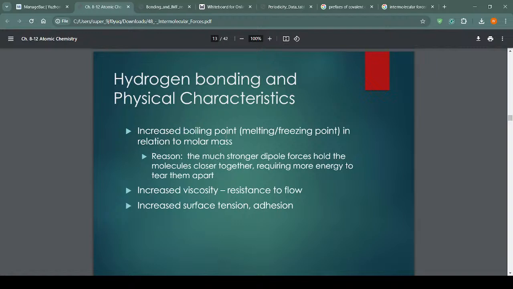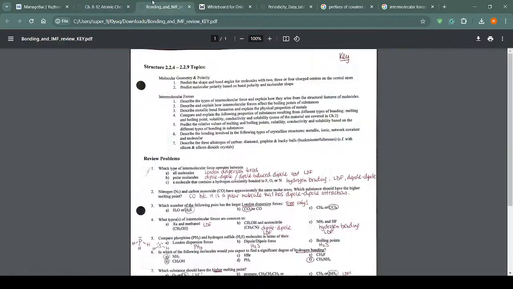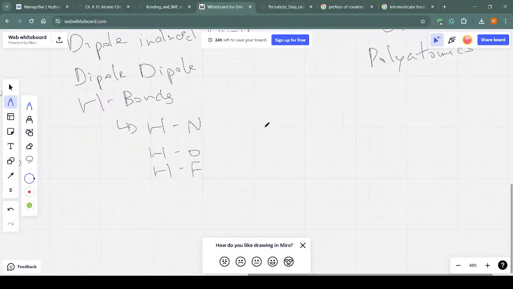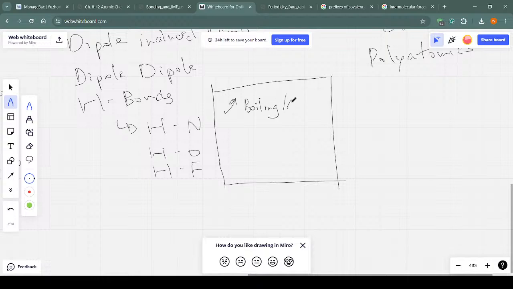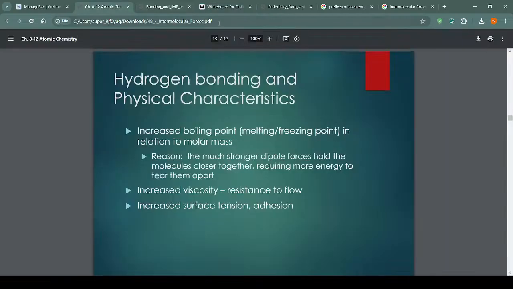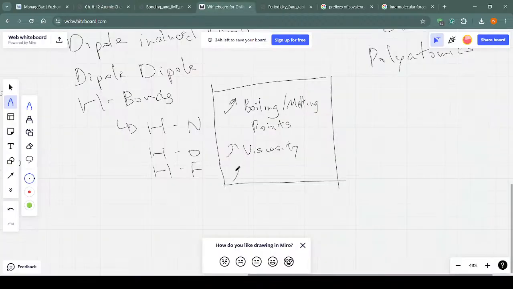Hydrogen bonding will increase boiling point in relation to molar mass, so: higher boiling and melting points, increased viscosity, and increased surface tension.